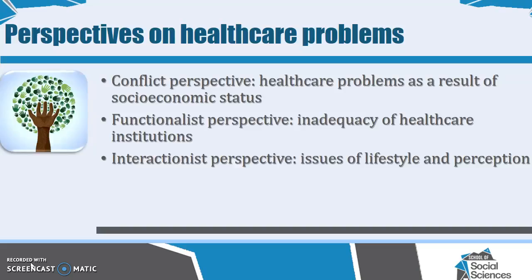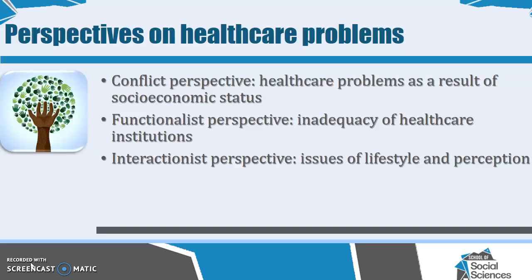The functionalist perspective, on the other hand, claims that the problem is with the healthcare institutions, not necessarily the socioeconomic status of persons. The healthcare institutions treat healthcare as though it is a commodity.